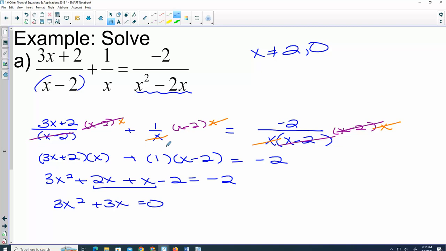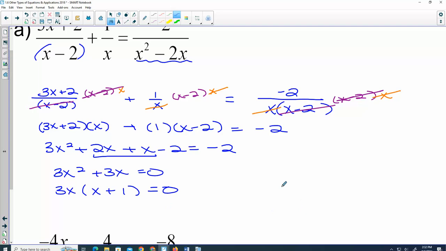What would I do there? Take out our 3x. That leaves us with x plus 1. Okay. So you set each of those equal to 0. And we get x to equal a 0 and negative 1.